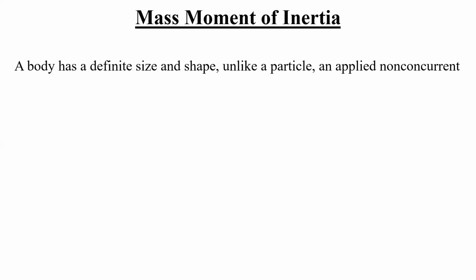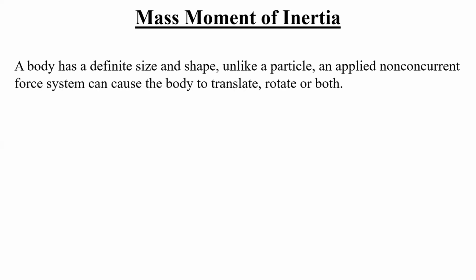Unlike a particle, an applied non-concurrent force system can cause the body to translate, to rotate, or to both rotate and translate. In statics, you're talking about the summation of all forces being zero, that is, the net force acting on an object will be zero.